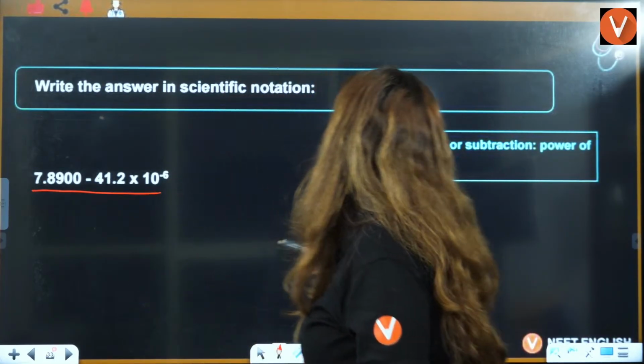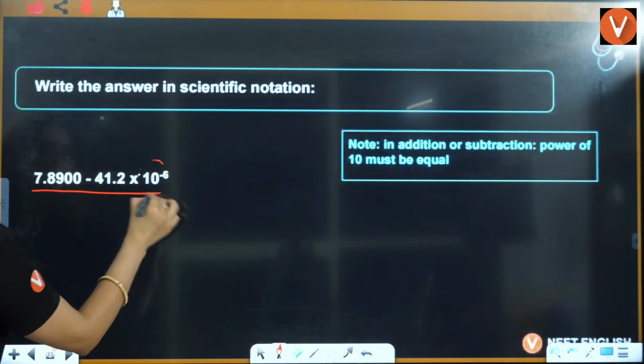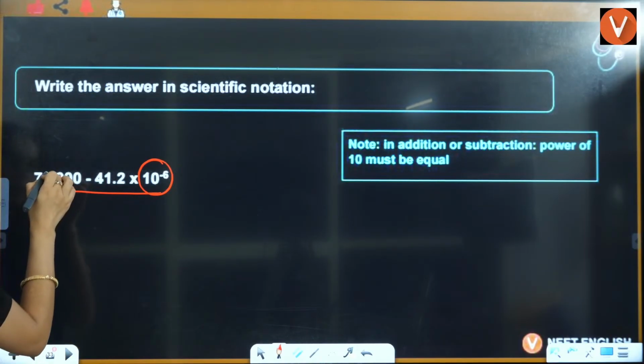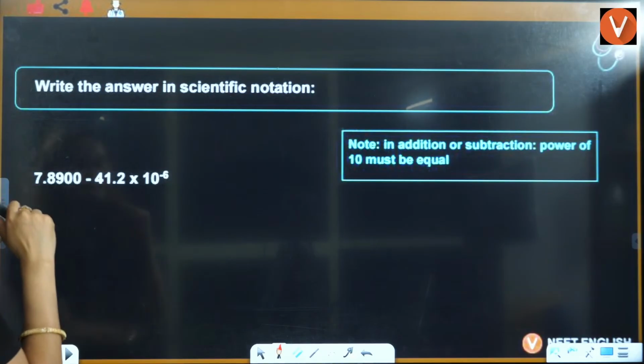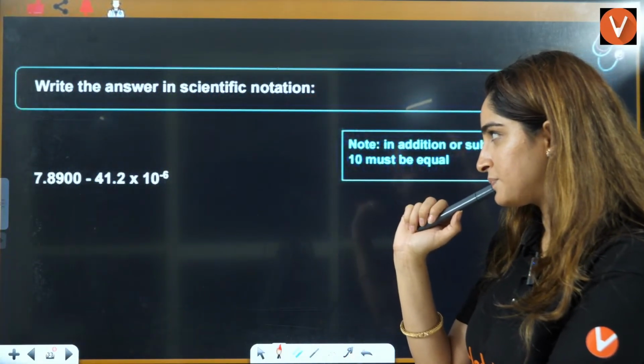Similarly, make the power of 10 equal. So what I'll do? This is 10 raised to 6. I'll make this also 10 raised to 6. How? This is already 10 raised to 4. No. What I'll do here, I'll try to make which one common? 10 raised to minus 6.